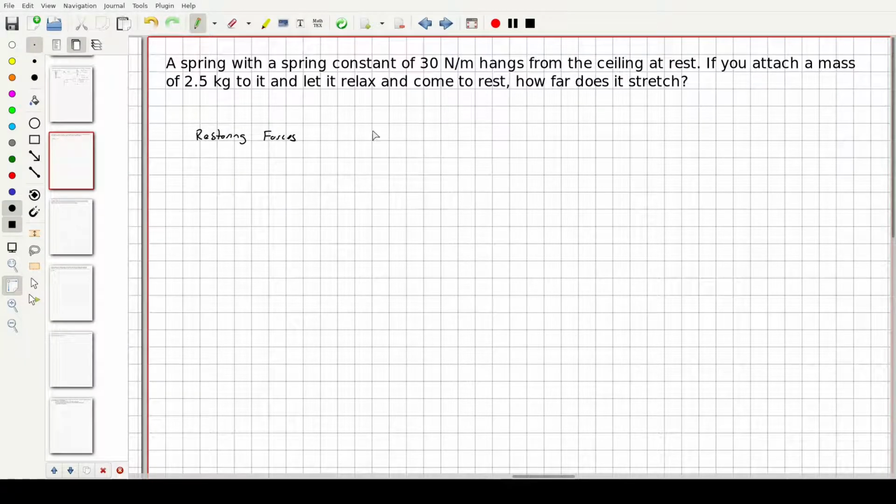Now, the way a spring works is like this. So imagine having a spring, say sitting up against the edge of the wall. Here's my spring right here, and it's hanging stationary. There's no force being exerted on it, so it has a relaxed length.